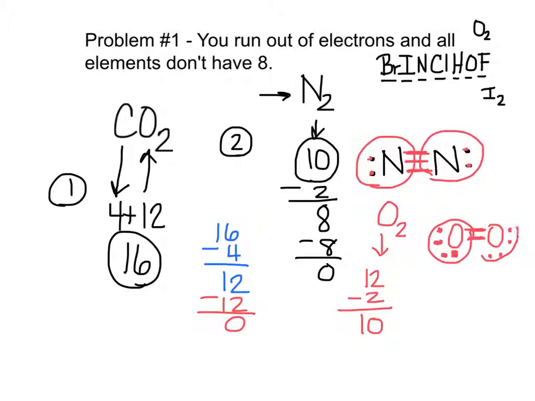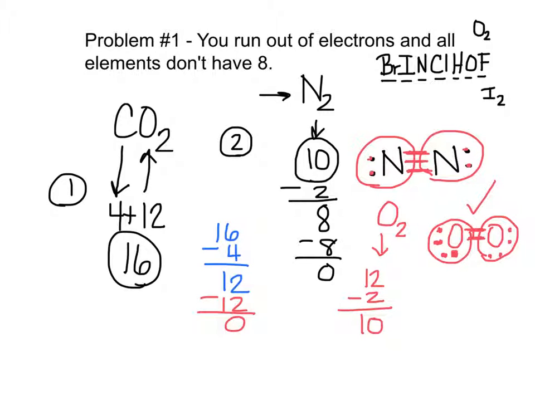This one has 8, this one has 8, and we've drawn our oxygen. So try to follow all the rules, but if we run into problem number 1, you run out of electrons, you've placed all the dots you have, and everybody doesn't have 8, then start sharing, and you can get to everybody sharing 8.